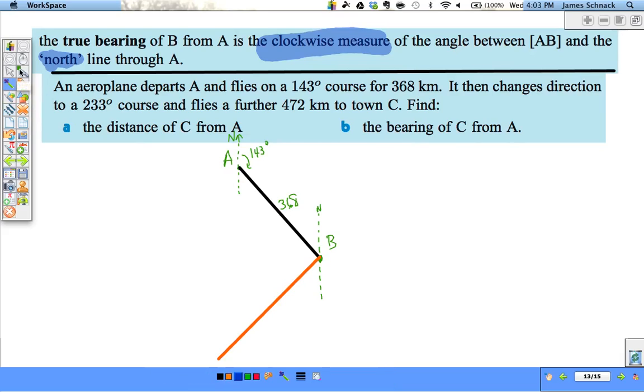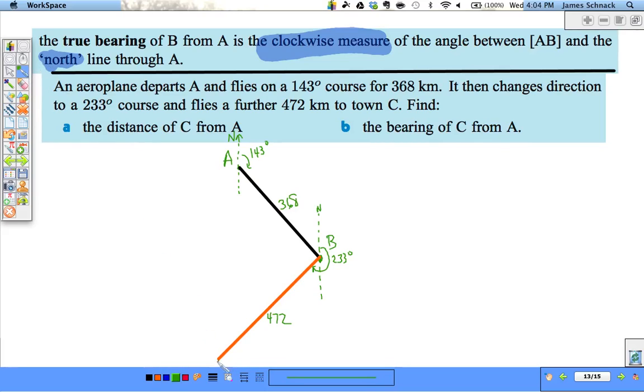It's an estimation, it's not perfect. So this angle is 233 degrees, and 472. Find the distance of C from A.